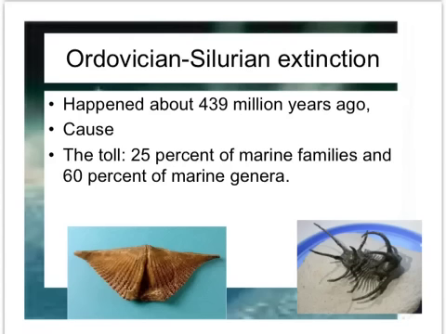A couple interesting things with that is that we see a real large drop in the sea level. The sea levels dropped pretty dramatically because glaciers formed. So once again, rapid climate change affected the environment.